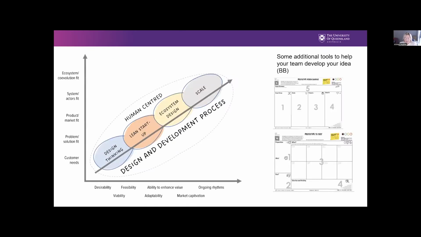So hopefully you'll recognize this diagram. I know I introduced you to this last week. Here we have the development process as we talked about in class. And we're now moving from the design thinking part into the lean startup part of the course.